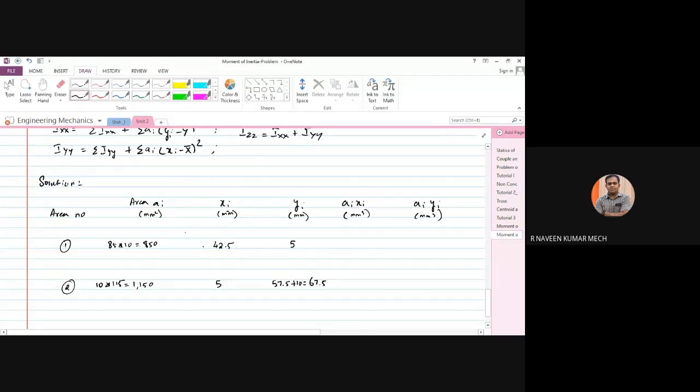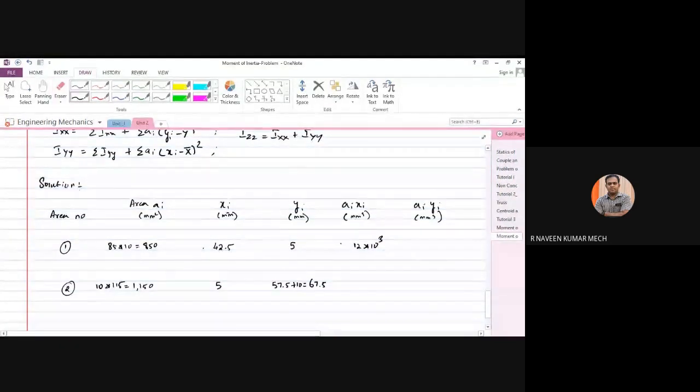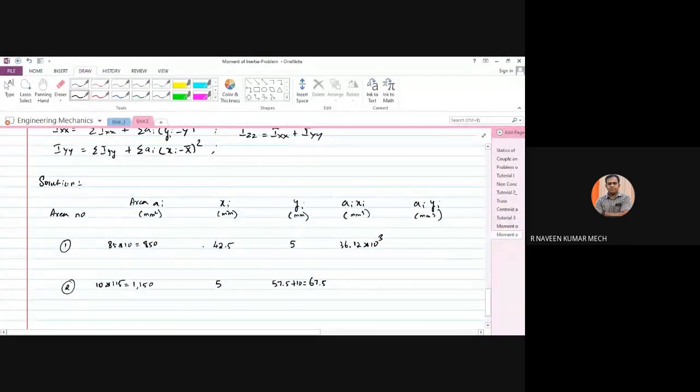Now we have to multiply this. Aixi: 850 into 42.5. Can anyone tell me the answer? 850 into 42.5, we get the value 36.12 into 10 to the power 3. Then 850 into 5, we get 4,250.